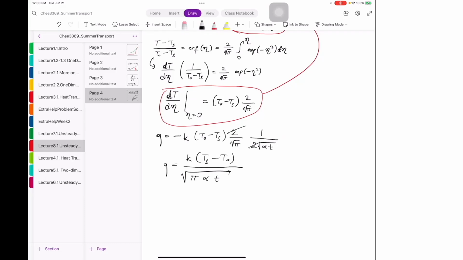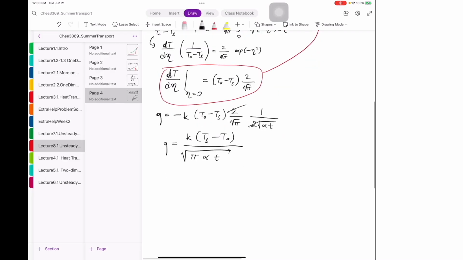Any questions so far? No? Okay. So you can also play with the alpha. You know that alpha is basically k over rho Cp.